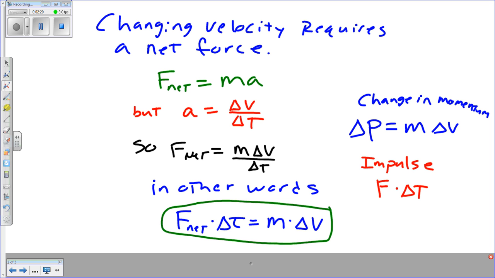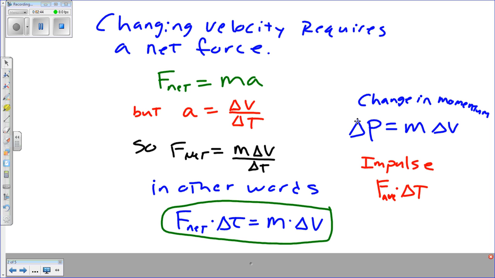Now I'm kind of moving between net force and average force. Really, if your motion is changing, it's because there's a net force, but we're actually just going to call it average force here. So change in momentum is mass times a change in velocity. Impulse is the average force multiplied by the time.